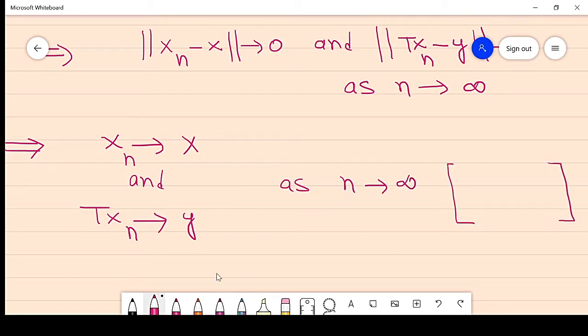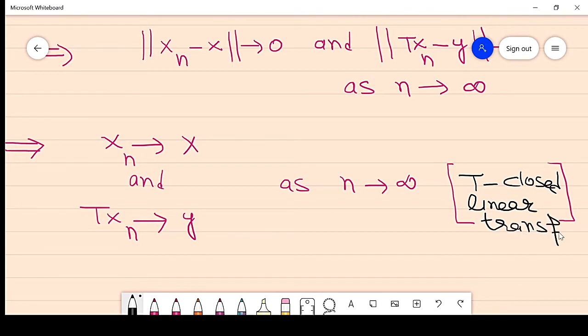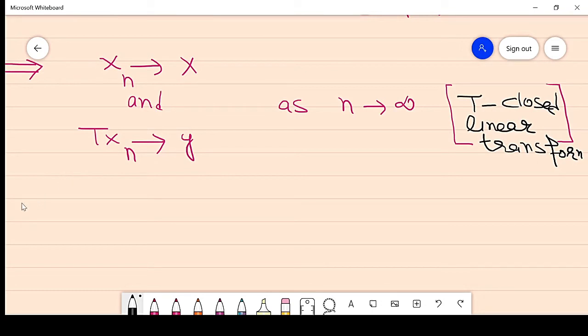Also, we know that this T is a closed linear transformation. If it is a closed linear transformation, then by the definition of closed linear transformation, it implies x belongs to D and y is equal to T of x.